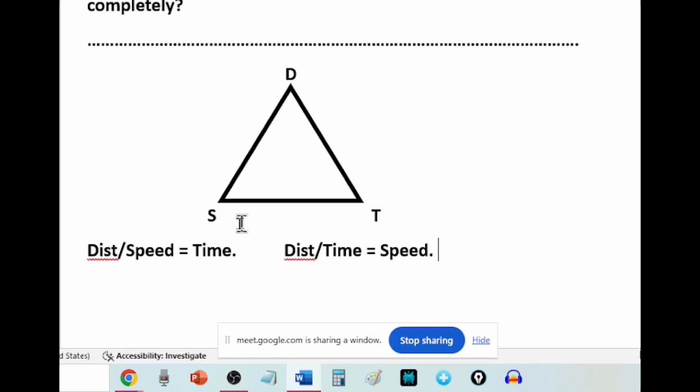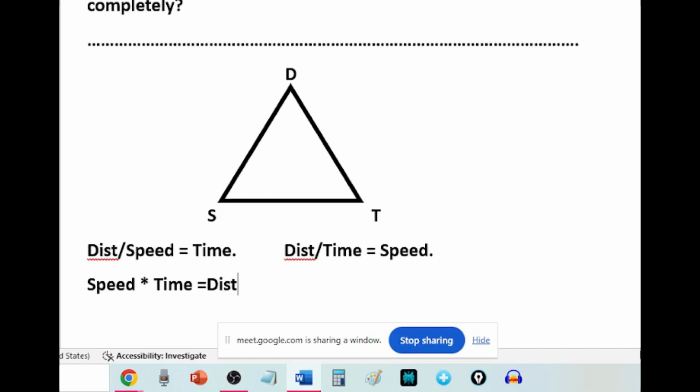If you take speed and time, not top and bottom, they are in the same line. Same line means multiplication. Speed into time equals the third thing, that is distance.